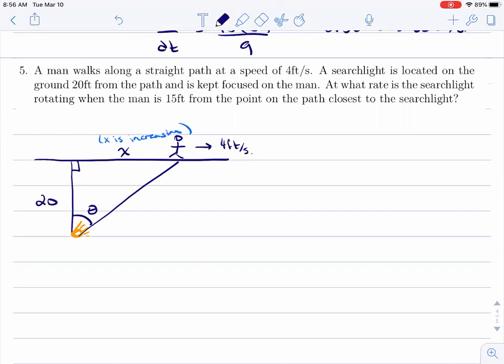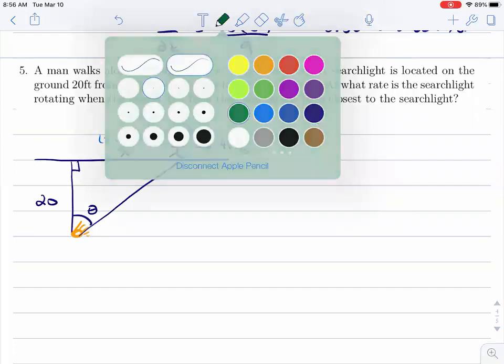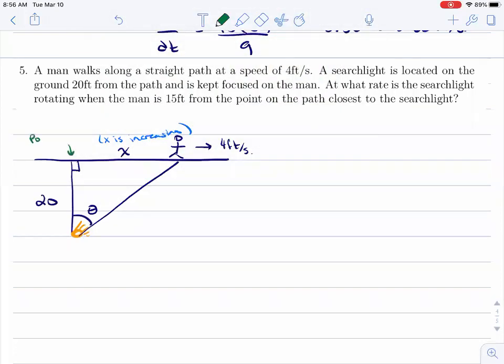So what we're told in kind of a sneaky way, so at what rate is the searchlight rotating when the man is 15 feet from the point on the path closest to the searchlight? We know the hypotenuse is always going to be longer than the adjacent in this case, right? And so here, this is the point closest to the searchlight, this point here.